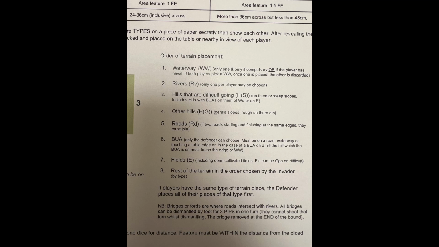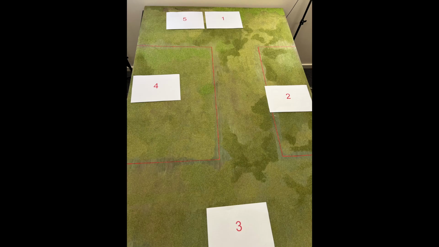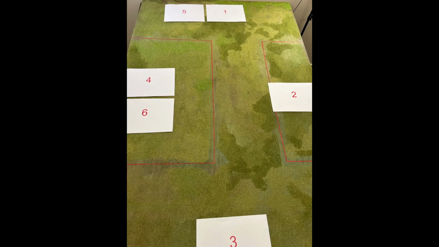Once the numbers 1 to 6 have been allocated to the various sides of the battlefield, the next step is to place terrain.